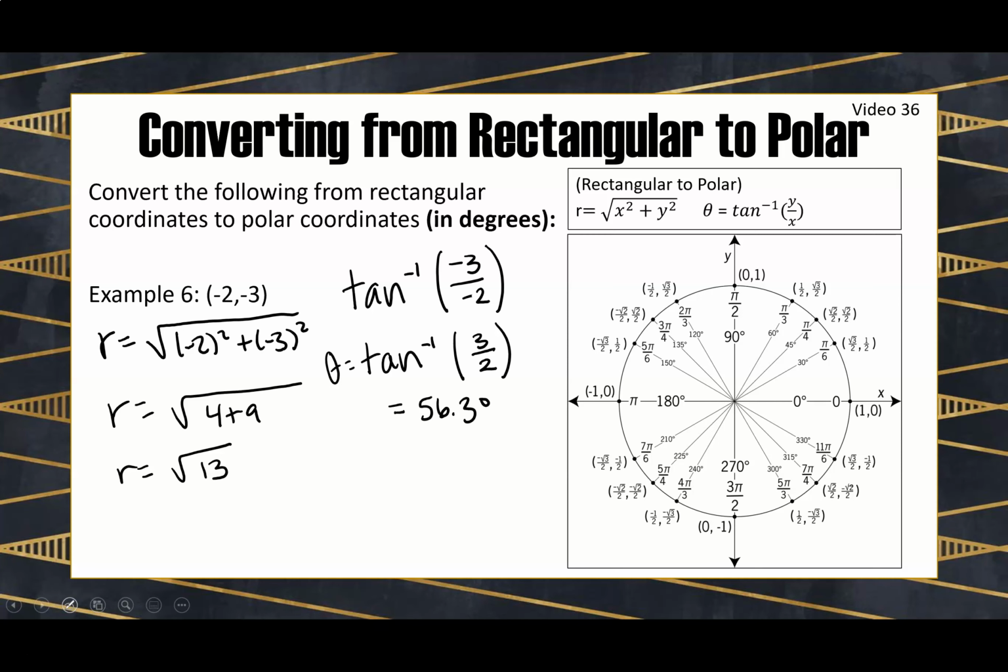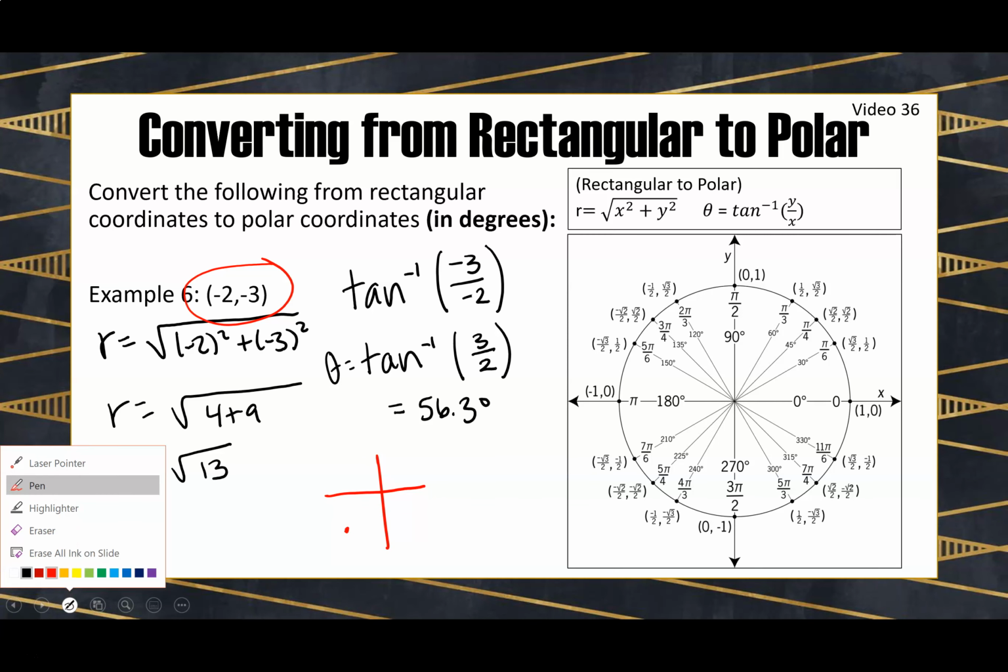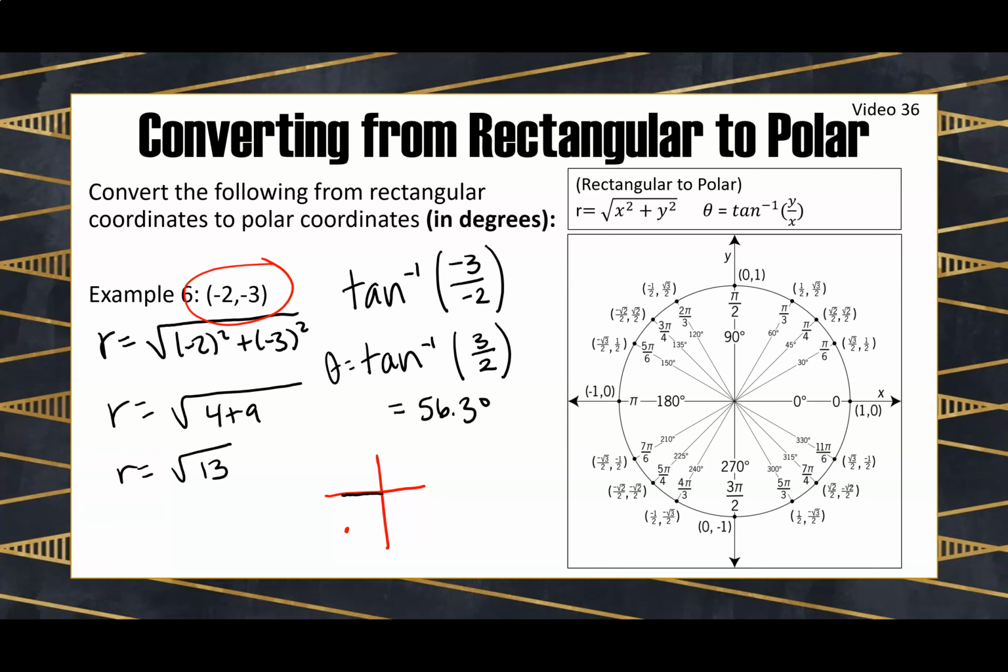But where is our coordinate located? I keep saying this. We have to think about where is negative 2, negative 3. Well, negative 2, negative 3 is going to be over here, right? Because negative 2 is left 2, and then we've got down 3. So this 56.3 degrees is actually right here. Okay?